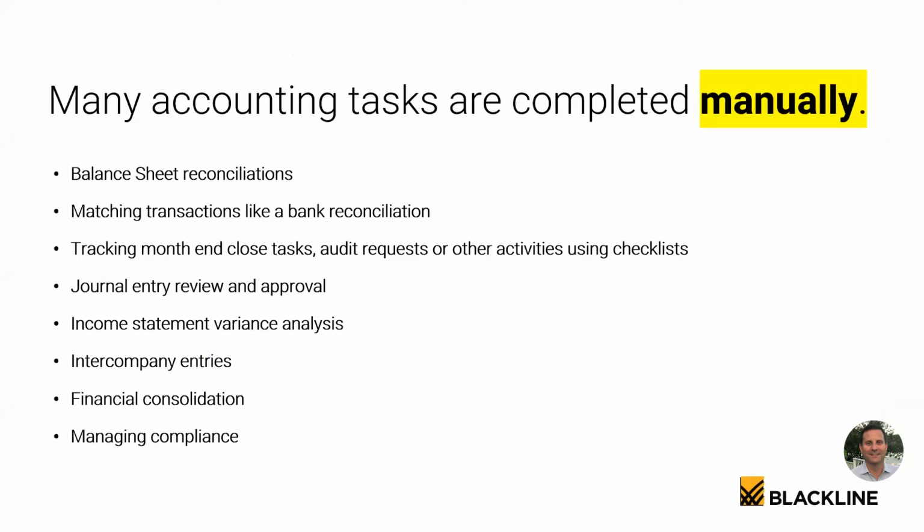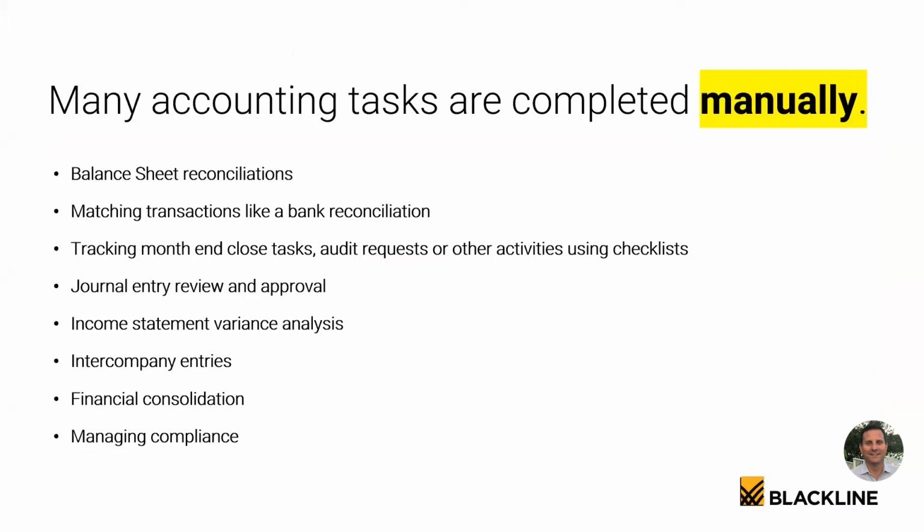So let's talk a bit about why accounting automation software is needed. For many accounting teams, most tasks are done manually in Excel today. And these are things like reconciling bank statements and balance sheet reconciliations, or creating accrual or amortization schedules. And Excel is a great tool. It helps to complete these tasks. But even with all its great features, it still has limitations.